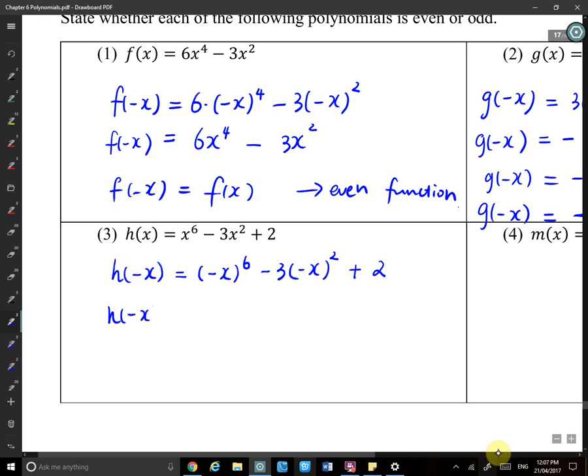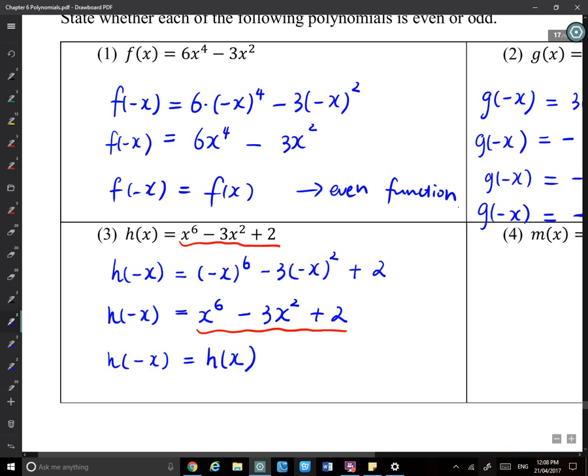So h(-x) equals negative x to the power of 6 gives you x to the power of 6, minus x squared gives you x squared. So that's minus 3x squared, and you have the plus 2. That is exactly the same as this one. So you say h(-x) equals h(x), and that is an even function.